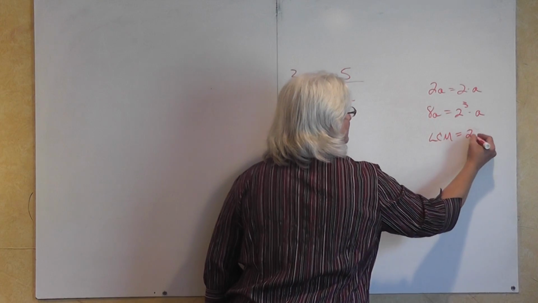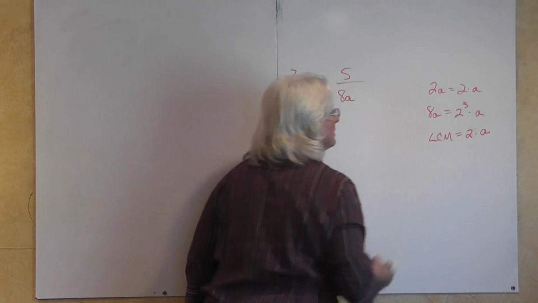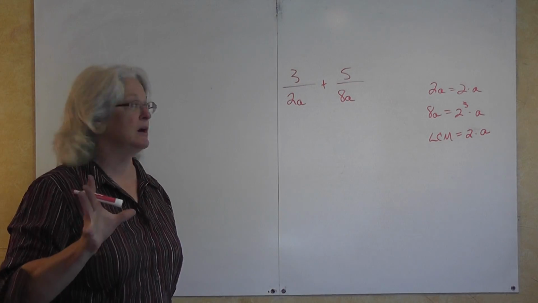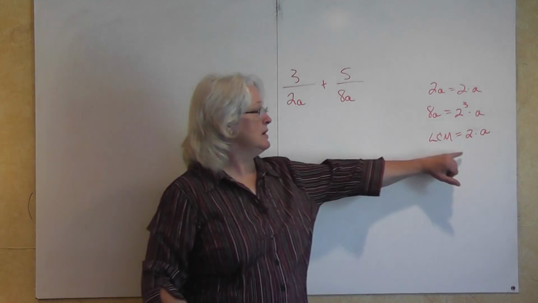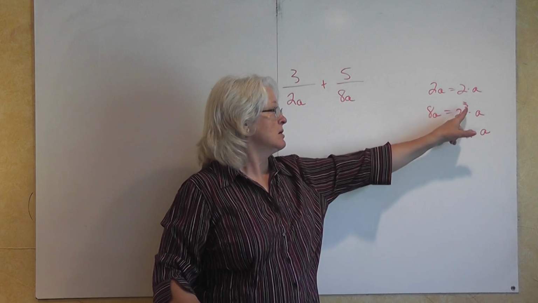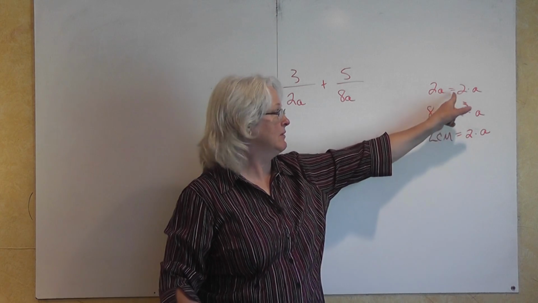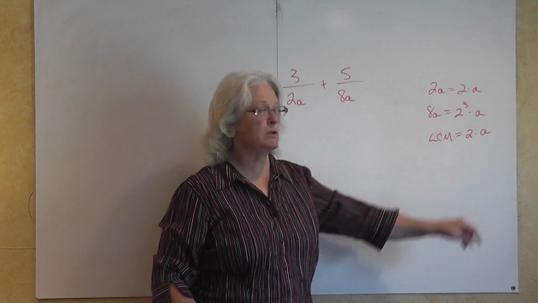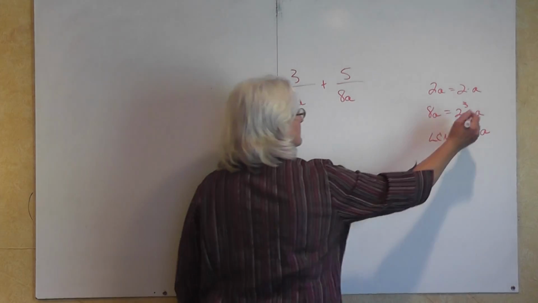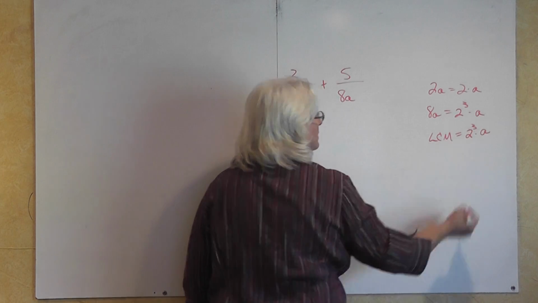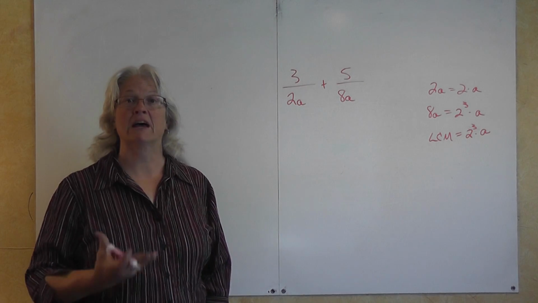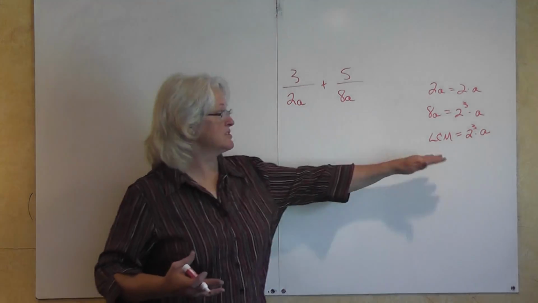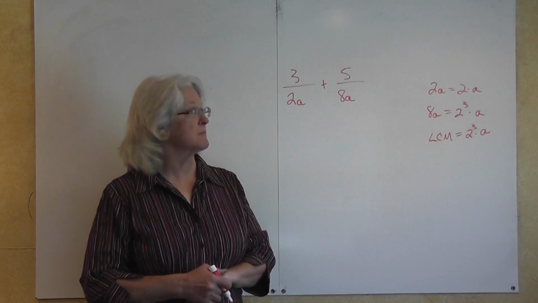We have a factor of 2 and a factor of a, the product of each unique factor to the highest power. We have 2 to the first, we have 2 to the third. So we're going to use 2 to the third power times a as our least common multiple, which of course is 8a.